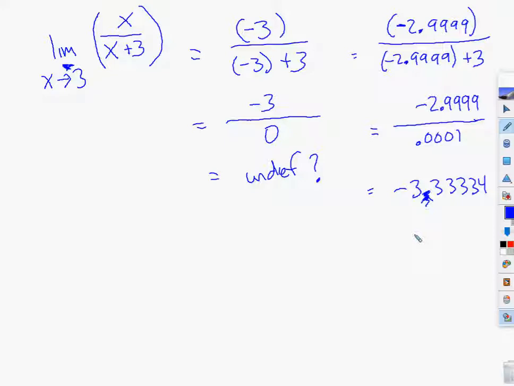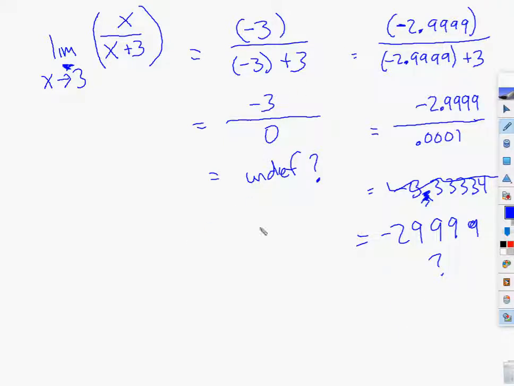It should be a rather large number. Alright, so negative 2.9999 divided by 0.0001. And I get negative 29999.